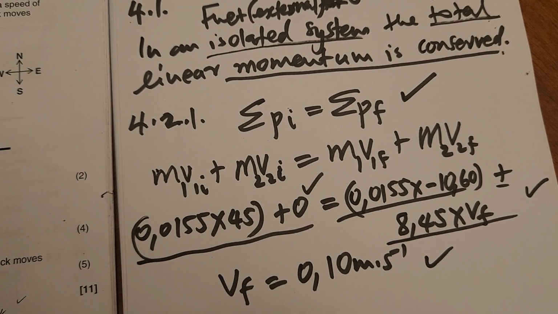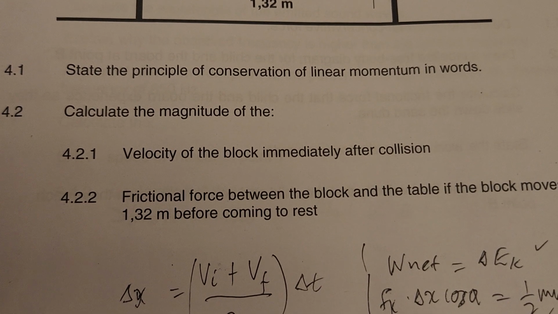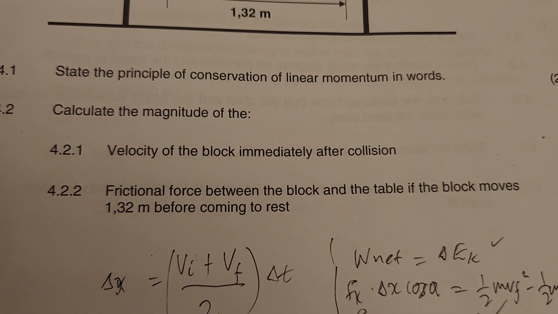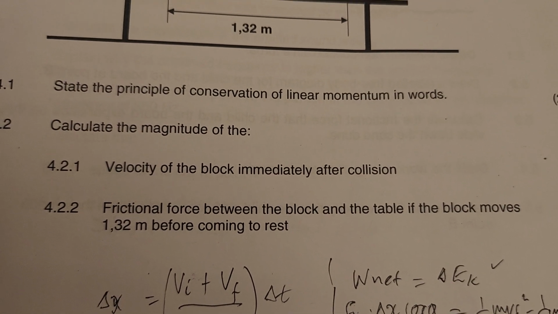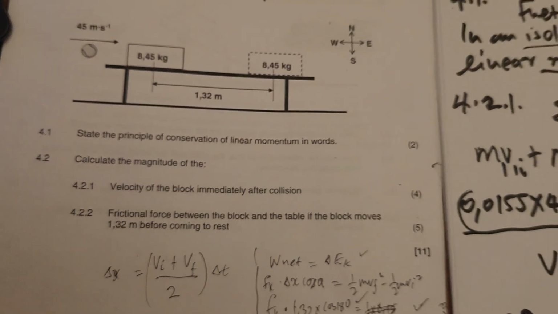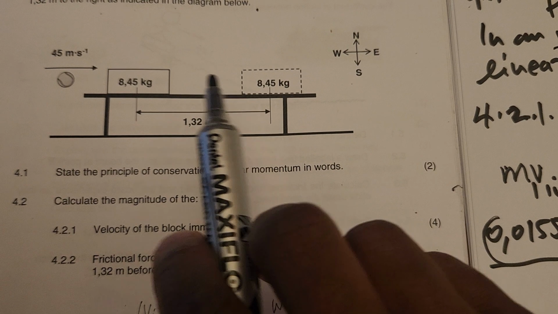4.2.2, which is the last one in this case. They are saying to us, calculate the magnitude of the frictional force between the block and the table if the block moves 1.32 meters before coming to rest. Now we can see we are given delta x and coming to rest.